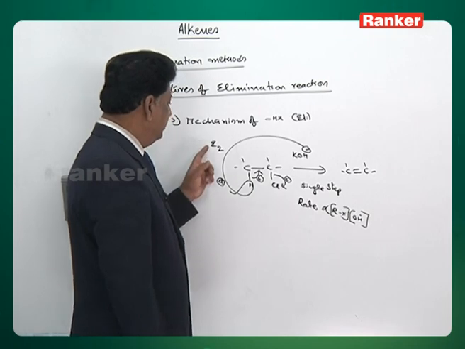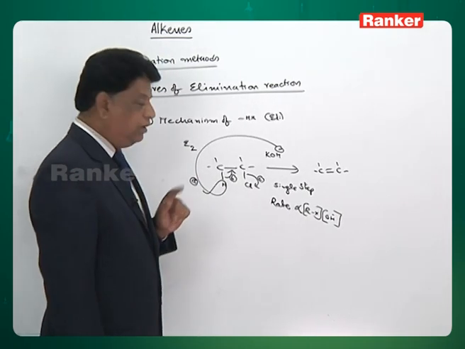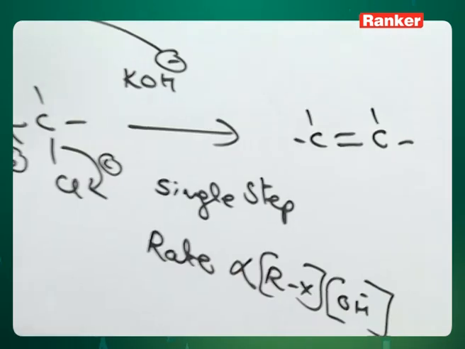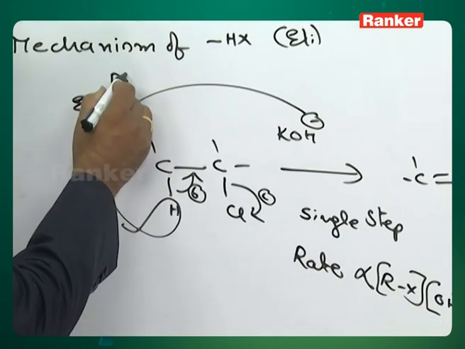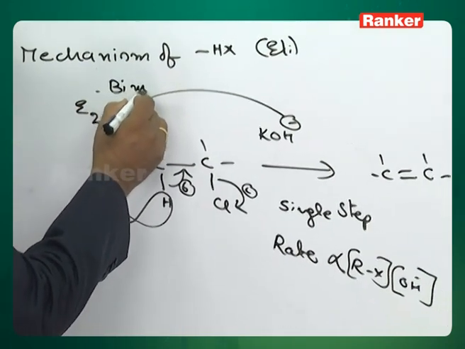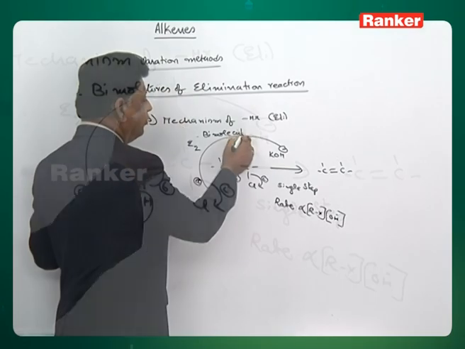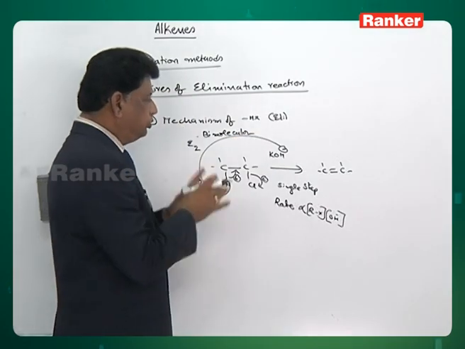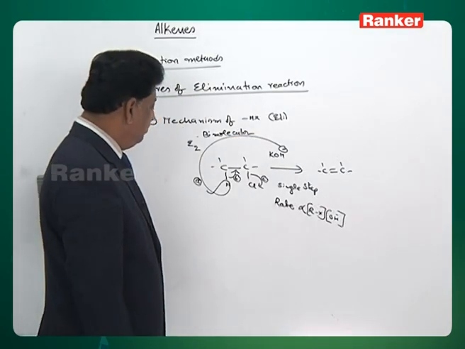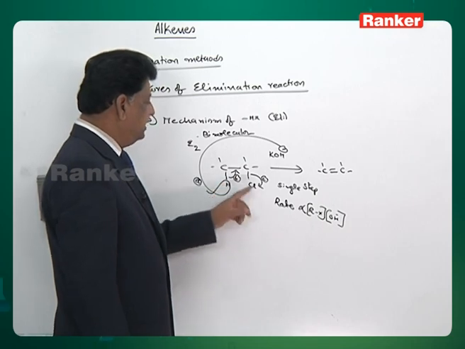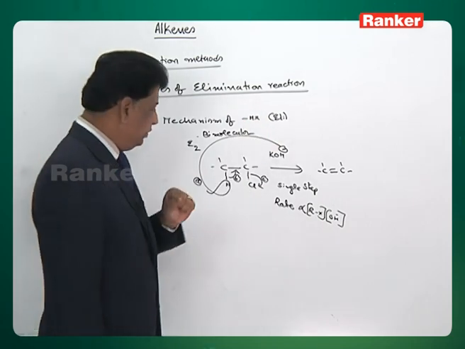That is why it is called E2 elimination. The 2 stands for bimolecular: elimination bimolecular. So elimination goes through the bimolecular pathway if H and Cl simultaneously go out.